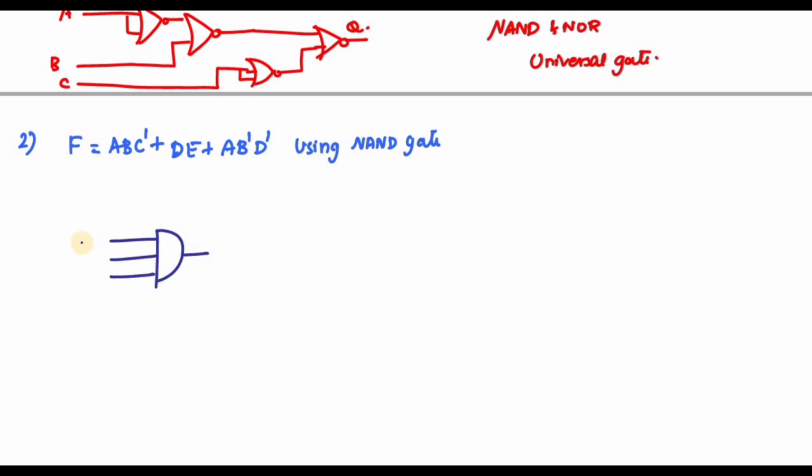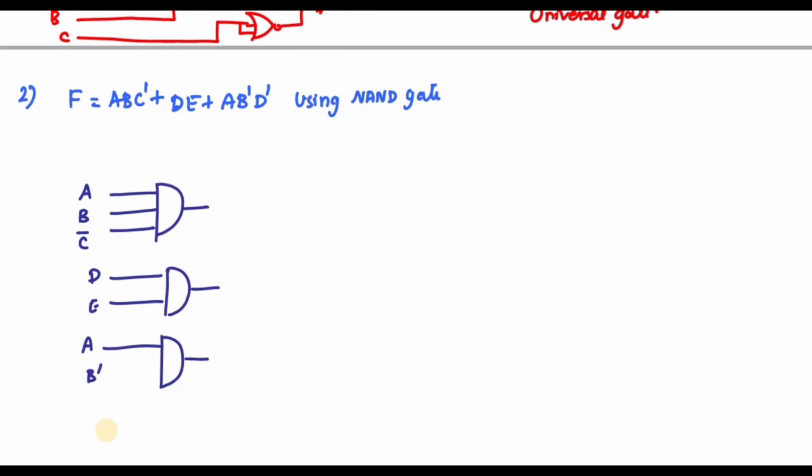This is A, B and C bar. And this is D, E, right? And this is A, B bar, D bar. And I'm going to give it to an OR gate, right?